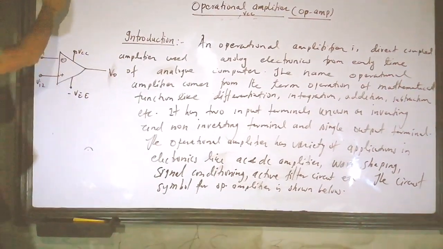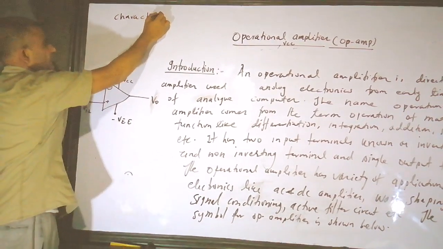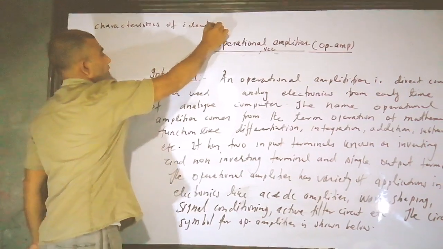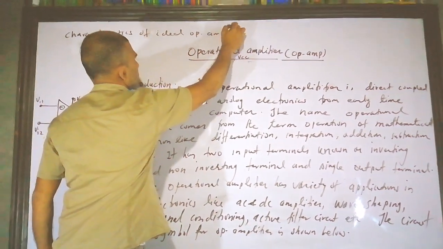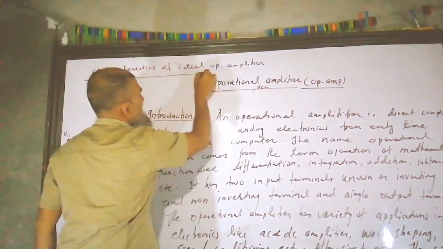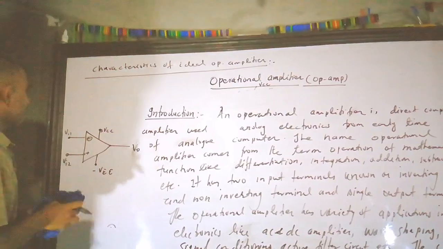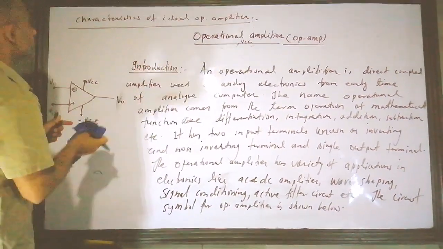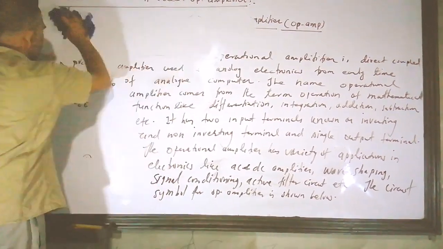Now I'll write the characteristics of an ideal operational amplifier. I explained these, and let's recap. You can pause the video and copy it.